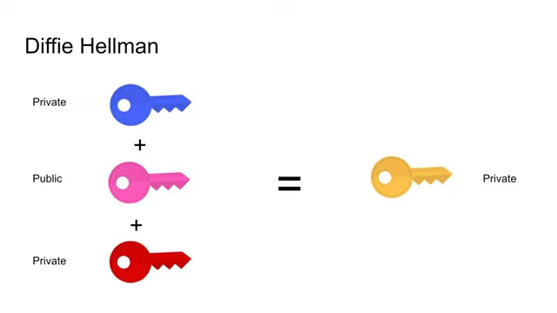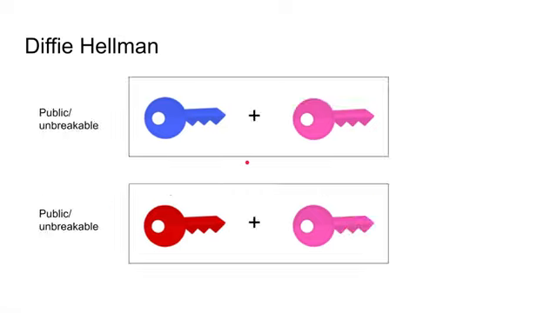Got it? Combine them all together, you get the private key. Okay, the symmetric key, the key that we want, the secret key. Here's one more piece of information. Combining the blue and the pink, which is the private and the public, together can be public. That is okay to send over the wire because it is unbreakable.